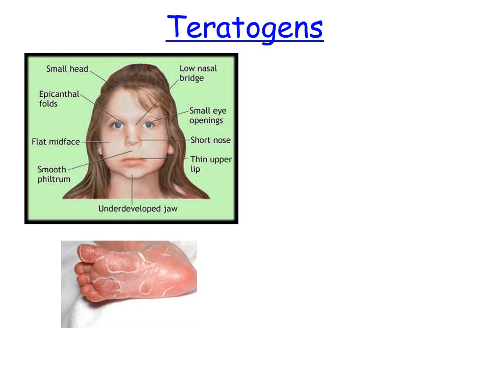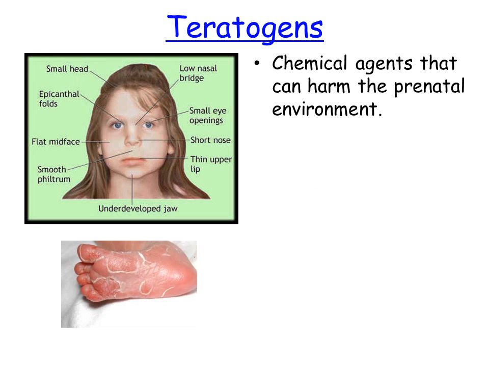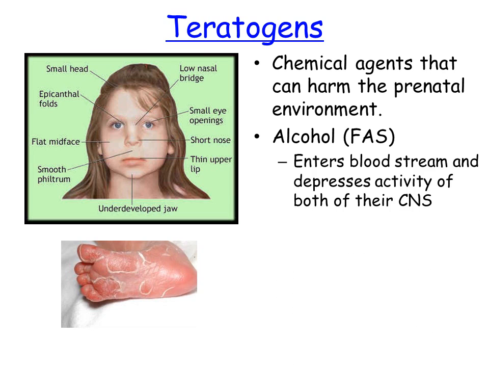So let's talk about teratogens, and there's a lot of them. Chemical agents that can harm the prenatal environment. Probably the leading teratogen is alcohol, and that's called fetal alcohol syndrome. Alcohol enters the bloodstream and depresses the activity of both the central nervous system of the mom and the fetus, or the embryo, depending on the stage.